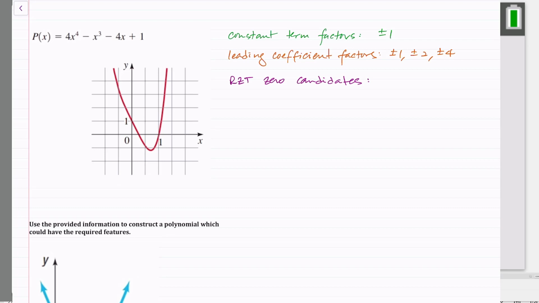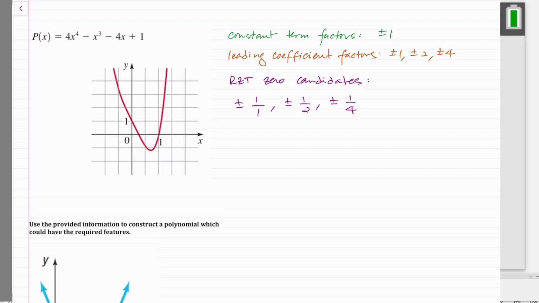So what are the candidates for rational zeros here? Well, positive and -1 over 1, positive and -1 over 2, positive and -1 over 4.